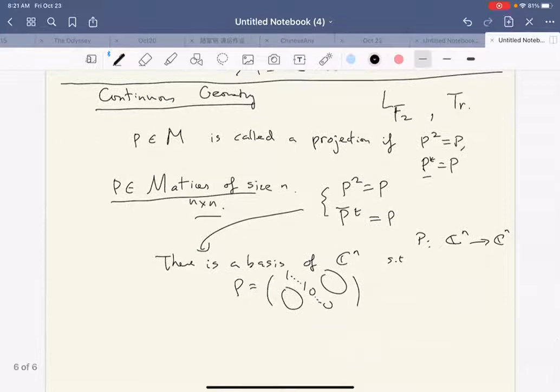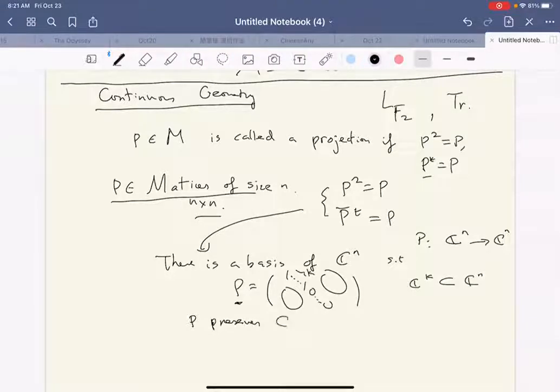and the rest of the entries are 0. This is the reason it's called a projection, because of what this operator does. Let's say there are k ones. So there's a C^k in C^n, a k-dimensional subspace of C^n.